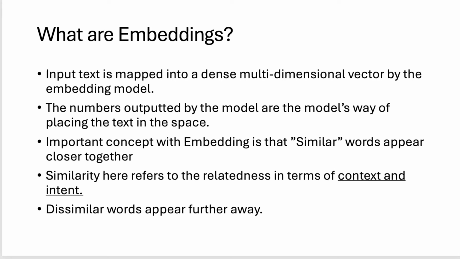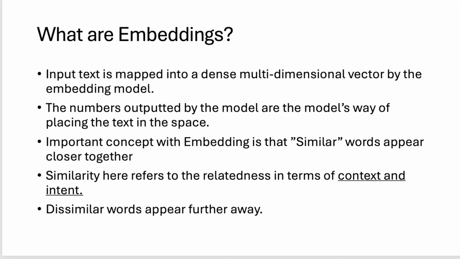Imagine that there is this vector space and your model is going to throw out numbers which will plot that text somewhere in that vector space. It's an infinite vector space. So how do you decide where a word, or that stream of words, will go? That's a function of how the model decides its place in that vector space. That decisioning is what you call embedding, if I have to say it in a layman way.